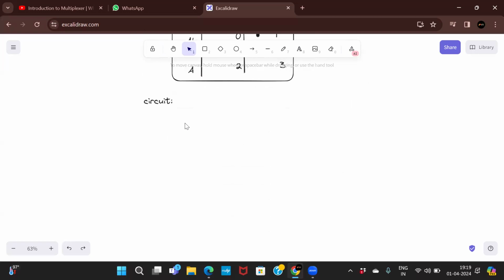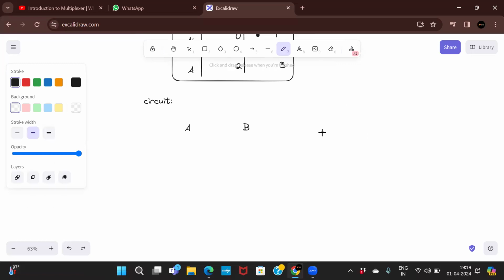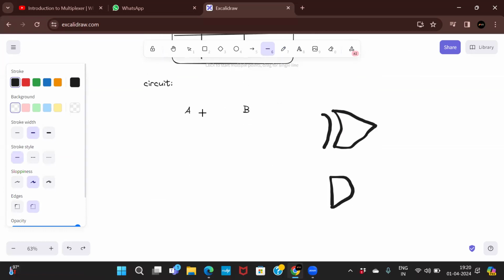Now, for A bar into B, I'm just connecting the inputs to the gates.